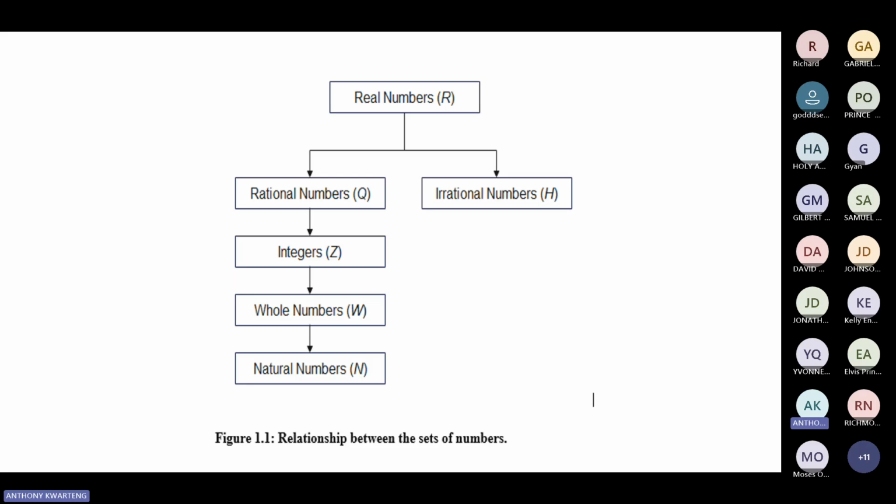Or if I have no integers for both numerator and denominator, it is an irrational number. The common irrational numbers are the square roots of non-perfect numbers. I'm sure you know non-perfect numbers.